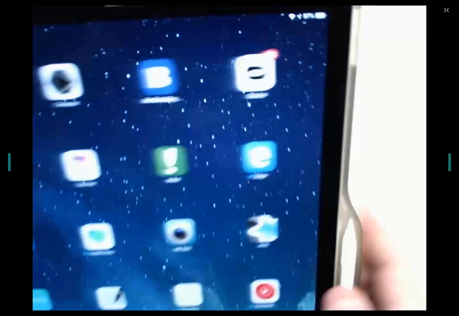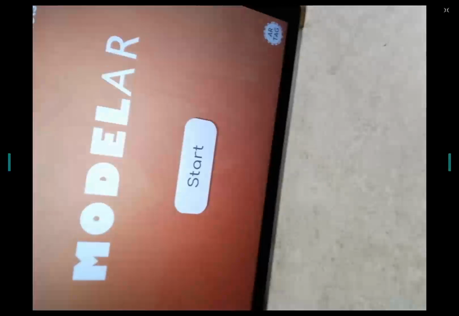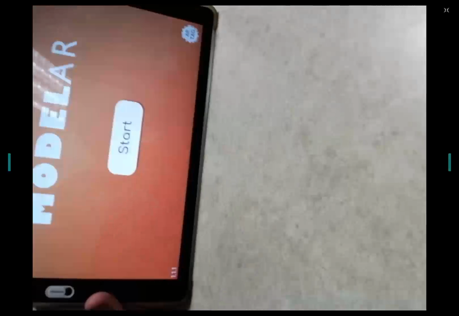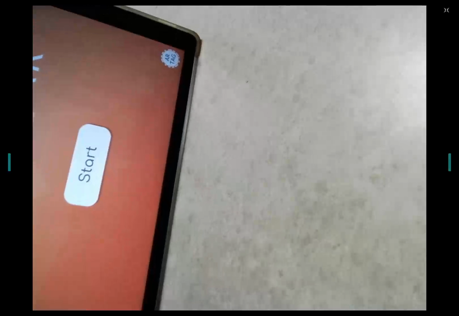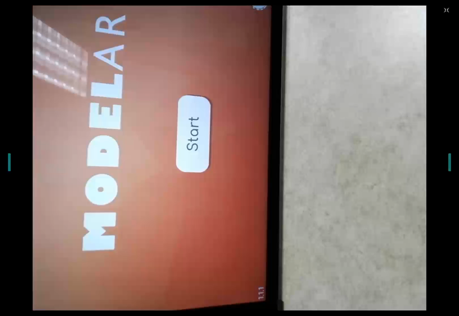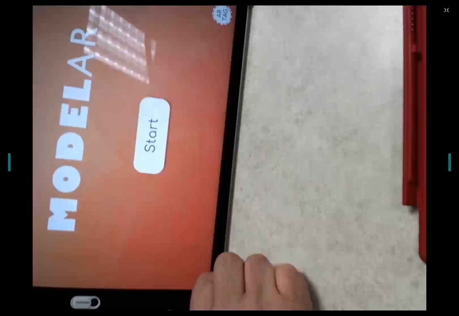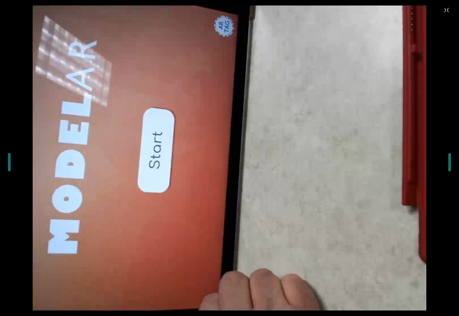I've got to turn the ladybug thing here and take the cover off, because the cover covers up the camera, and that's always bad. Okay, so we have this. Fluorescent lights are horrible on this. Focus. Okay, so there's your modeler.